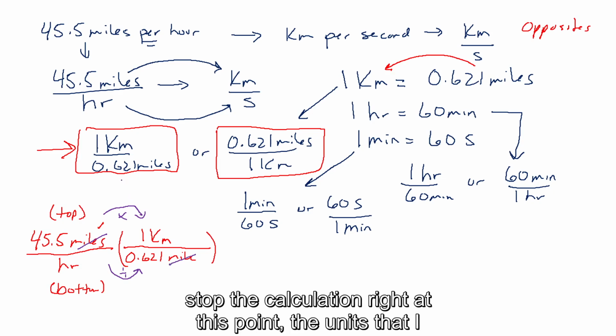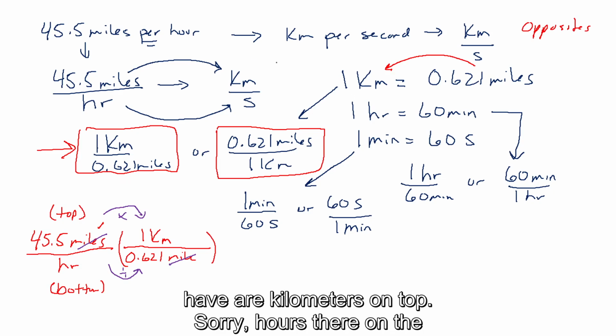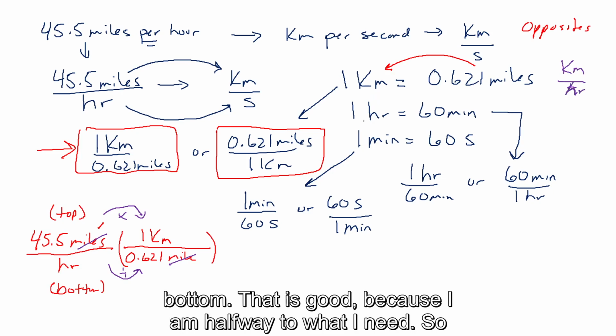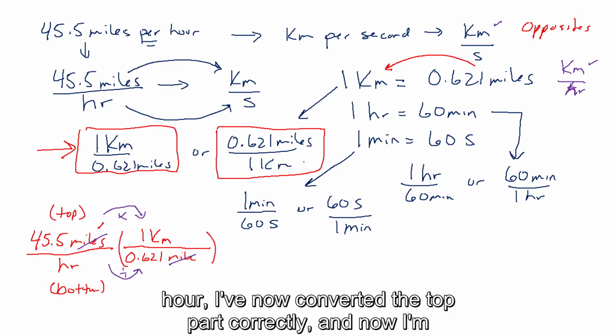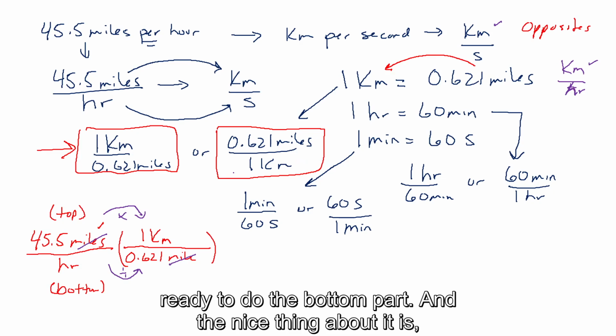If I stop the calculation right at this point, the units that I have are kilometers on top, hours there on the bottom. That is good because I am halfway to what I need. So the beauty of this setup is, although I'm in kilometers per hour, I've now converted the top part correctly. And now I'm ready to do the bottom part.